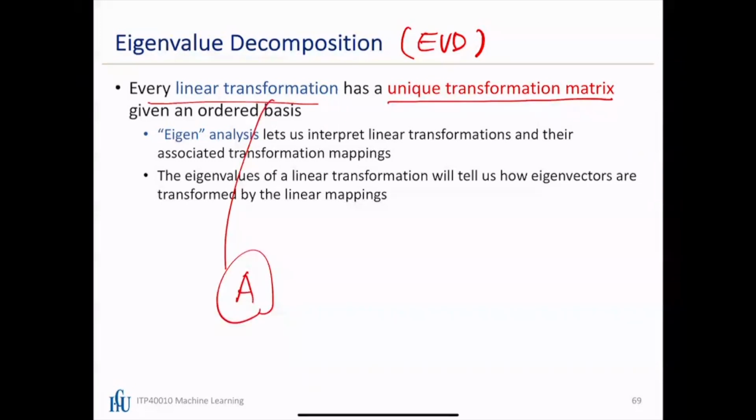It has a unique transformation matrix, and that becomes a special property. We want to find it using an analysis called eigen analysis, and along with the eigen analysis, let us interpret linear transformations and their associated transformation mappings.